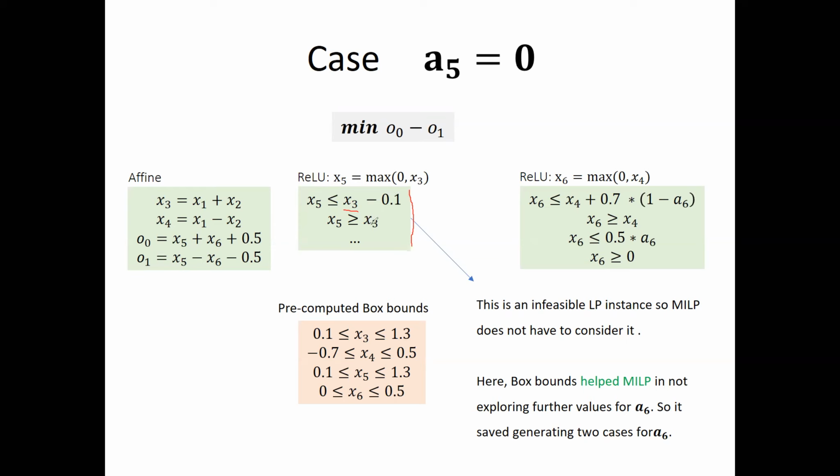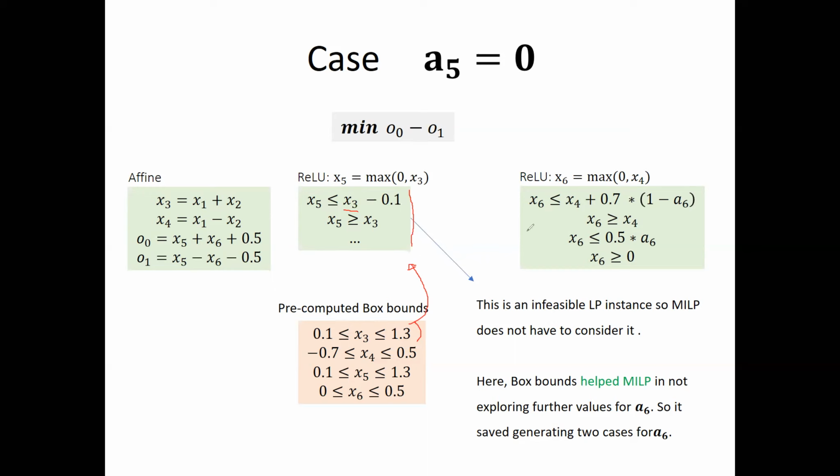And so what you can see here is this is actually an infeasible instance, right? And remember in our drawings before, this is clearly why, because in the A5 equals 0 case, when X is strictly positive like this, then this side becomes unsat, and you don't even have to consider it.